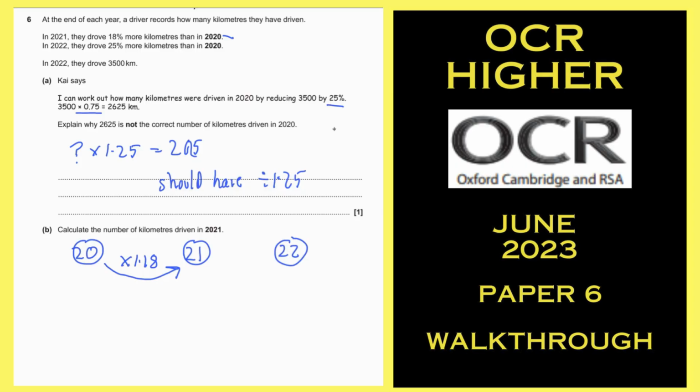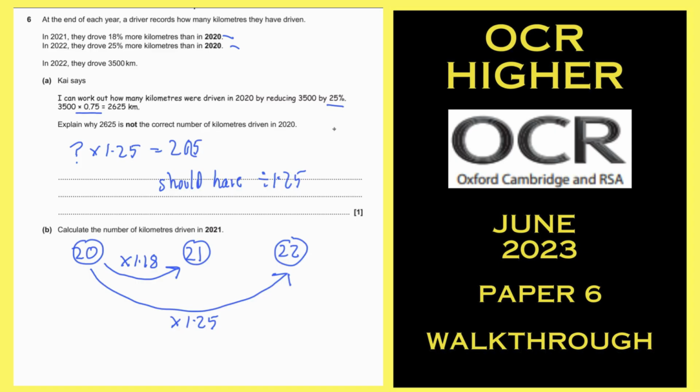Then, next line, in 2022, they drove 25% more than 2020. So if you want to go that way around, that would be a multiplier of 1.25. That's if you want to go that way around.